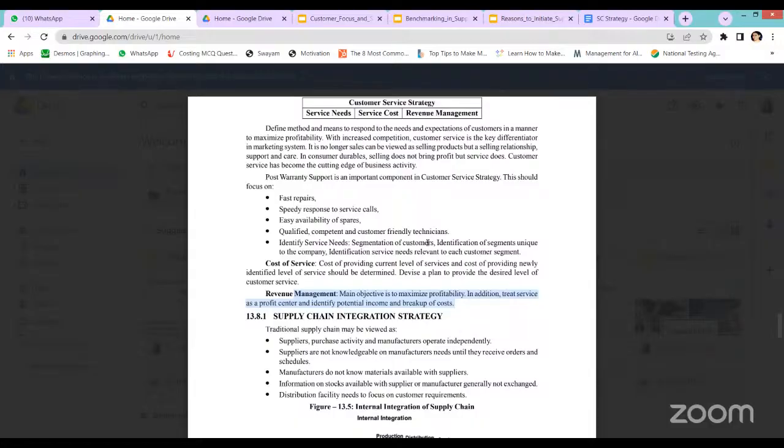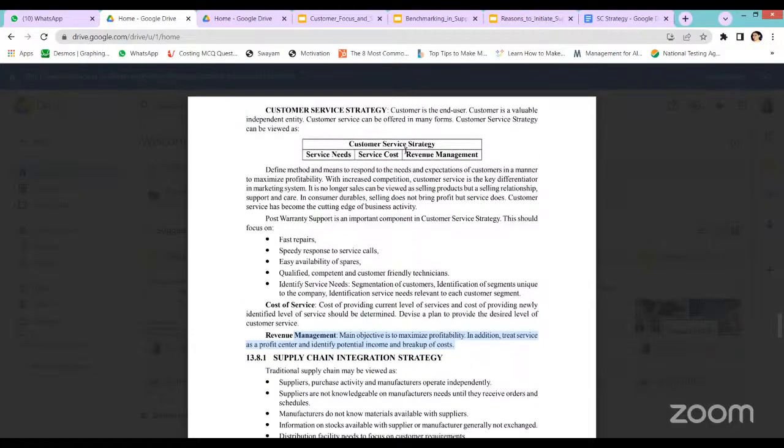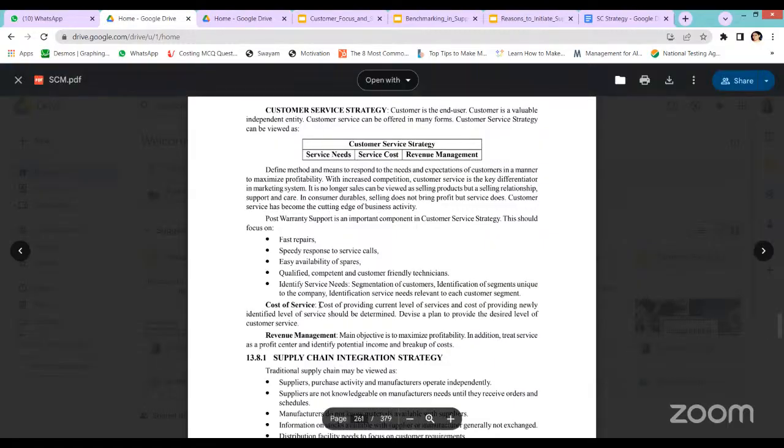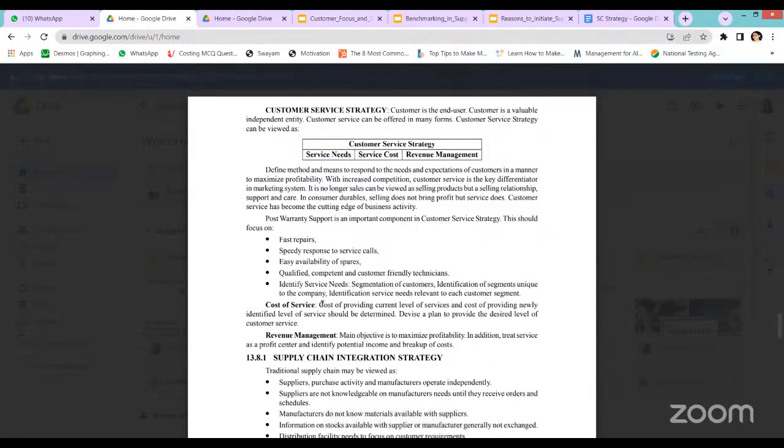So the three strategies relating to customer service issues are: service needs, understanding the various service requirements that the customer is expecting at various levels, and ensuring those are met. The next one is service cost. At the current level, what is the cost to provide the services, and the cost required to provide the newly identified level of services has to be determined and planned.